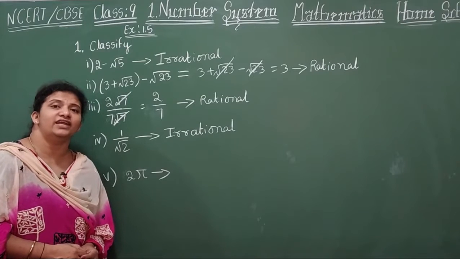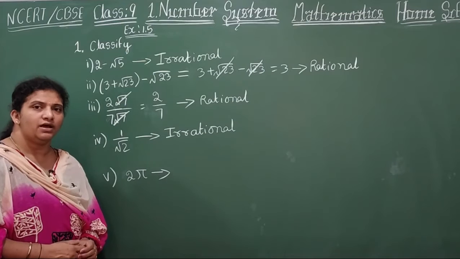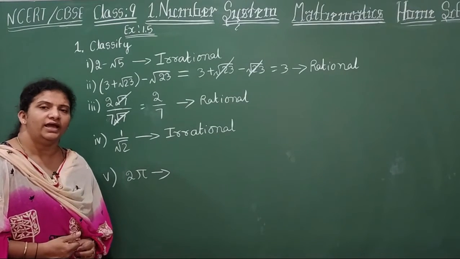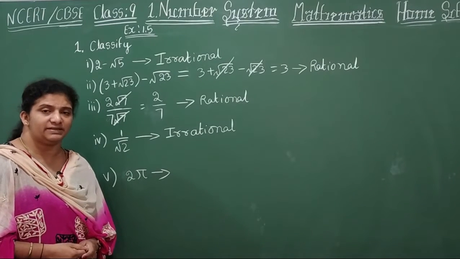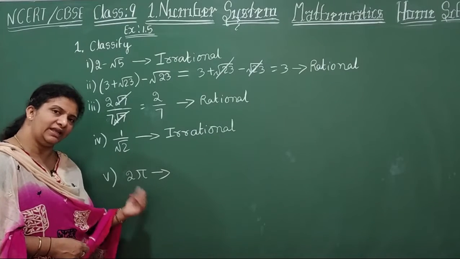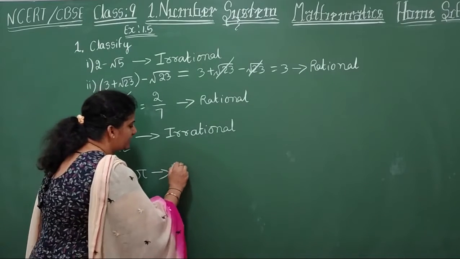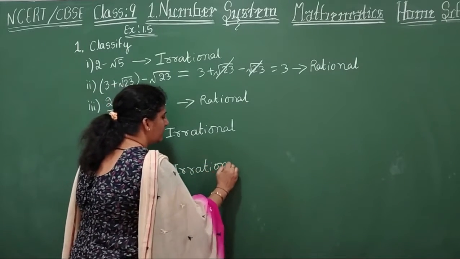It is a never ending value. If you want, you can check in any calculator. So there is no end. This type of a number is what we call a non-terminating, non-repeating decimal. When that type of decimal is multiplied with any number, the same type of answer you are going to get. Therefore, which type of number is it? It is an irrational number. Okay.